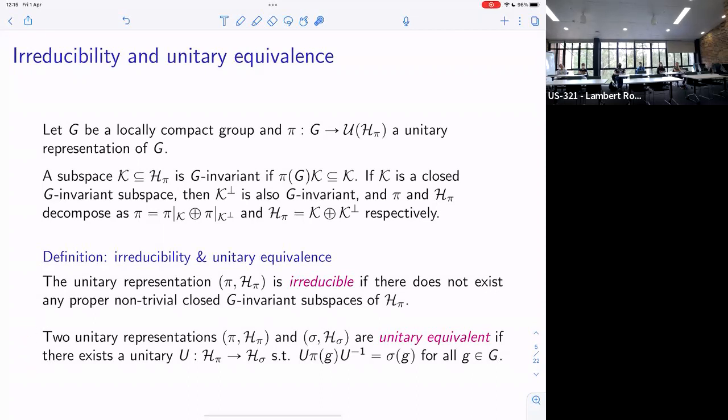And the other definition I want to give is unitary equivalence. So we call two representations, say pi and sigma, on their respective Hilbert spaces, unitarily equivalent if there exists a unitary operator between the corresponding Hilbert spaces that conjugates one representation into the other. So this is the definition of unitary equivalence.